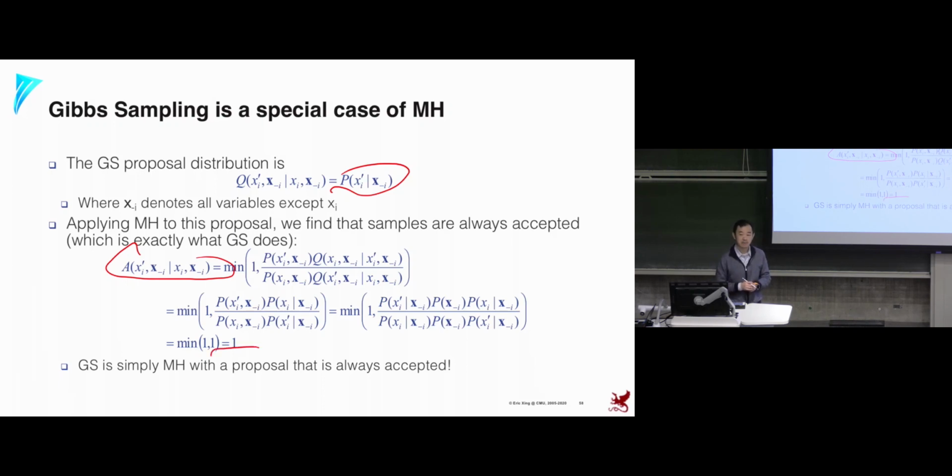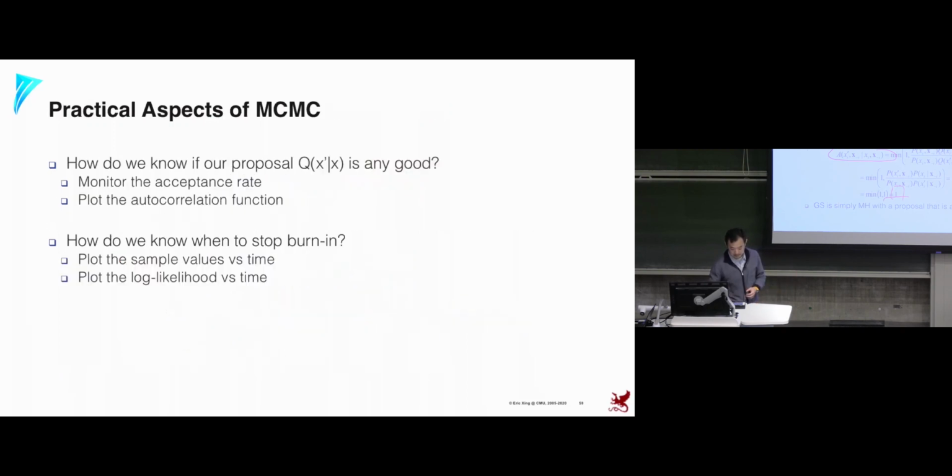Every sample that you produce will be accepted. That's another very, very good news. So you have really doubled down on the whole case, right? You have a very easy proposal to sample from using the Markov blanket idea, and then you have a 100% acceptance rate of all the samples. And that gives you basically the nice Gibbs sampling algorithm.